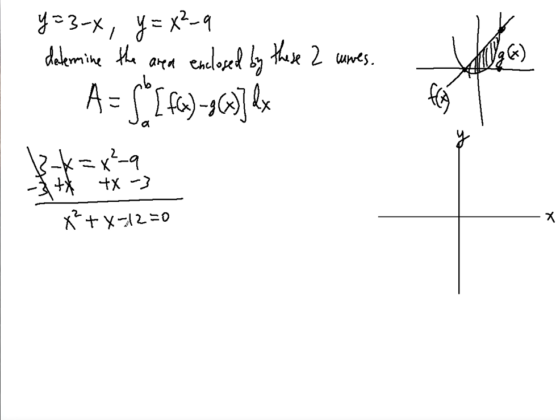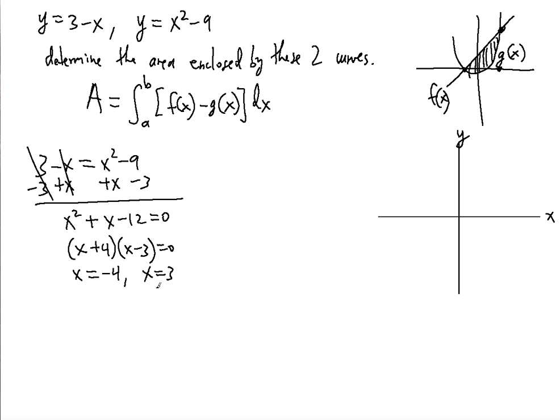The factors of negative 12 whose sum is 1 are 4 and negative 3. So x plus 4 and x minus 3 equals 0, which produces x equal to negative 4 or x equal to 3. There you go, these are your limits. So from negative 4 to 3 you will be integrating.